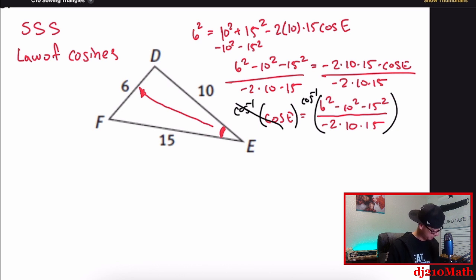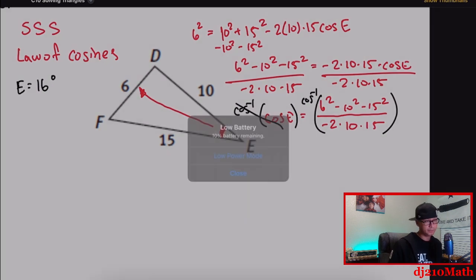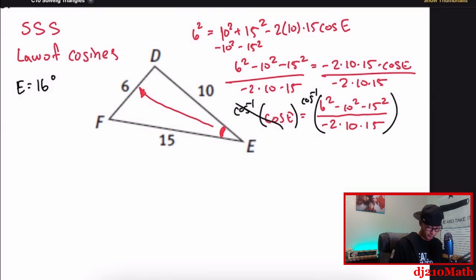And I'm going to get that E, big E, is equal to 15.5, so 16 degrees. Okay, we're going to do the same thing, but with F.